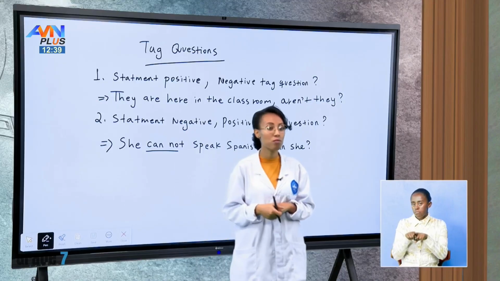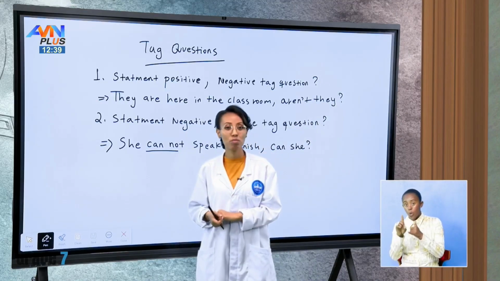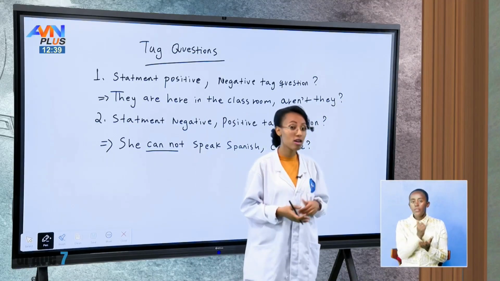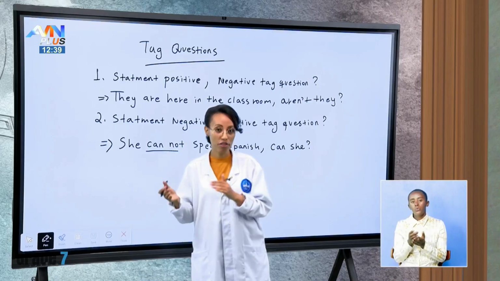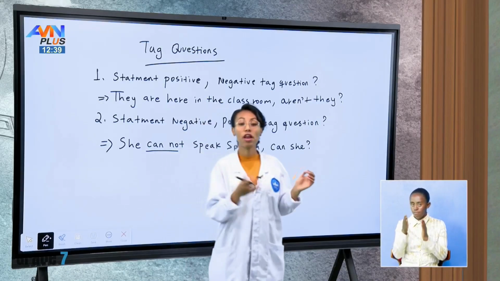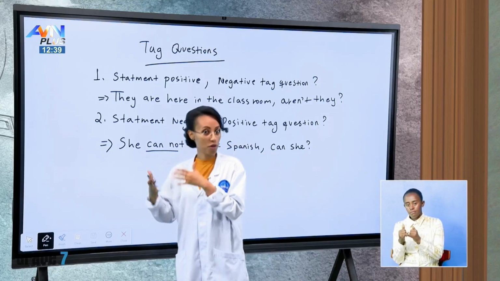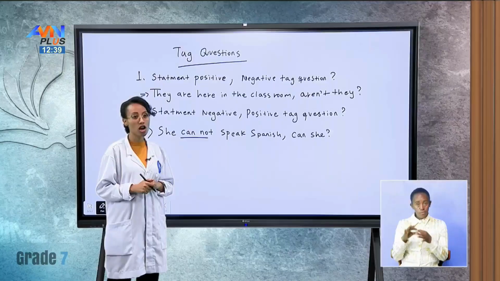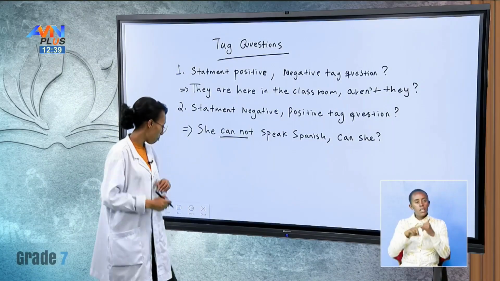If we say she is, what comes in the tag question should be isn't she. If we use they are, what comes in the tag question has to be what? Aren't they? If we use they are not, what comes in the tag question will be are they? Positive, right? So these are the few things that we talked about last time when we talked about tag questions.